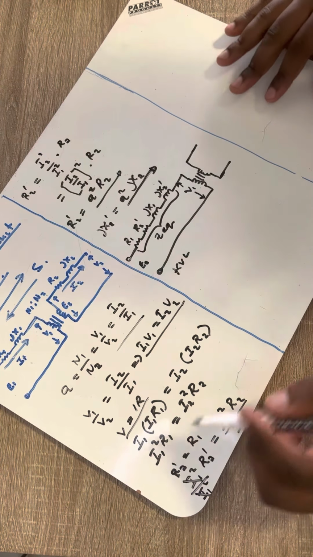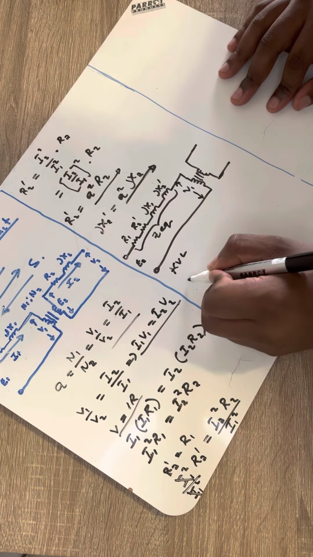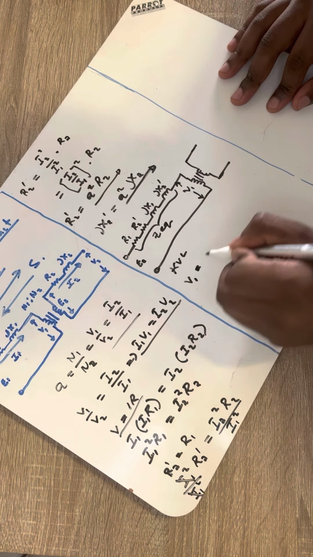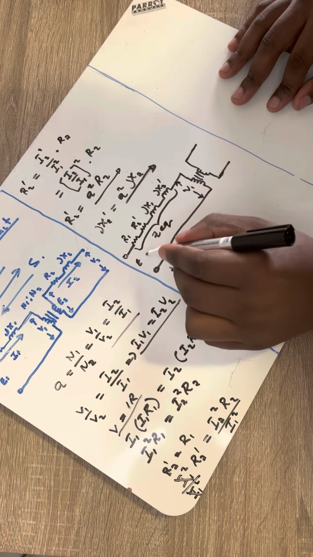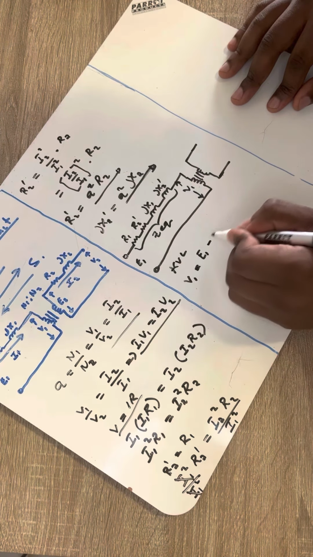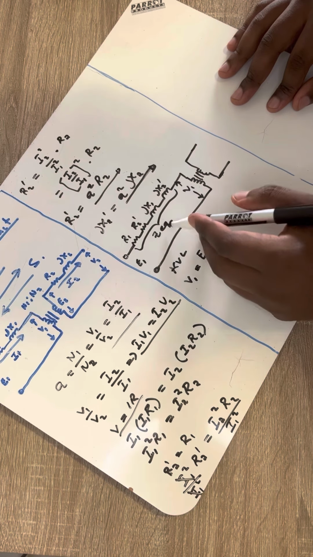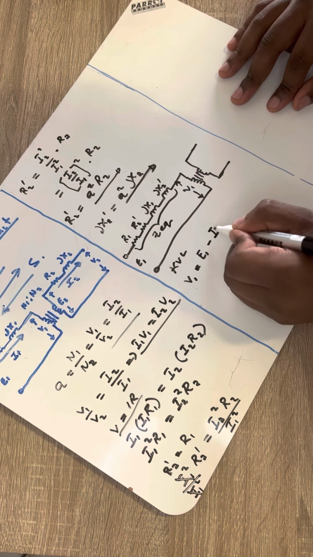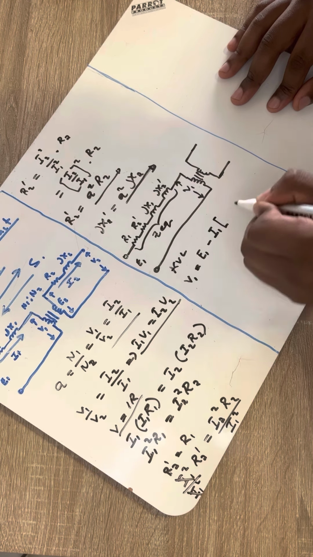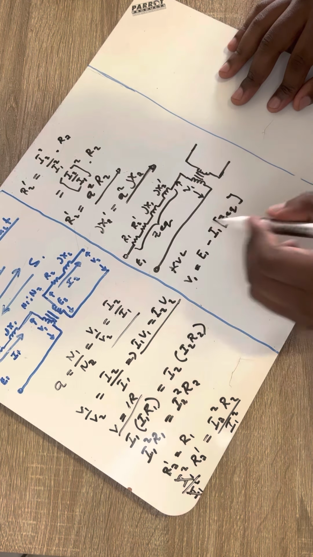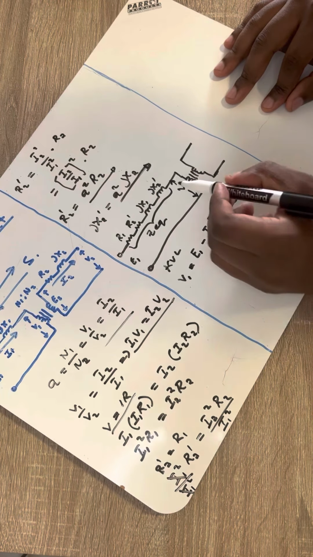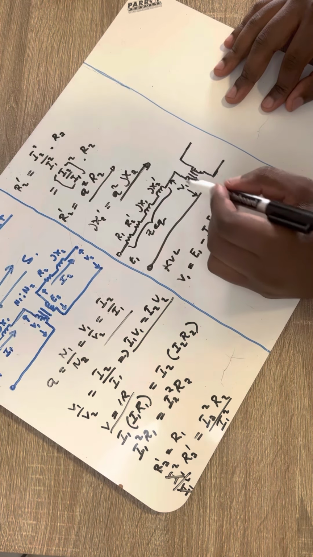So this will look like this: E1 minus I1 times Z equivalent, so the total impedance. So this will give you the voltage sitting here, right?